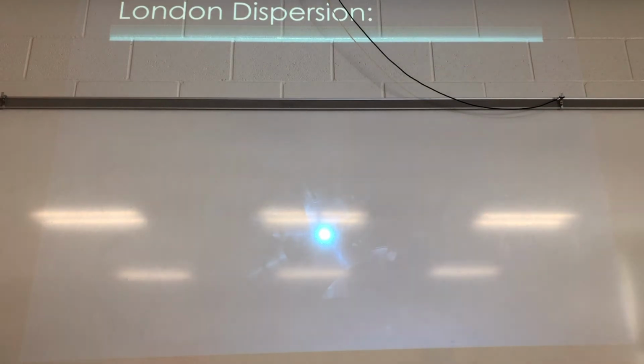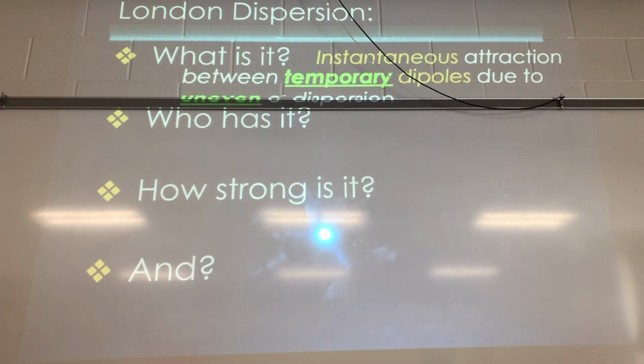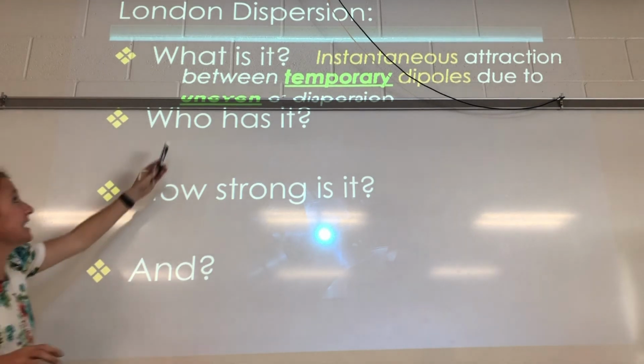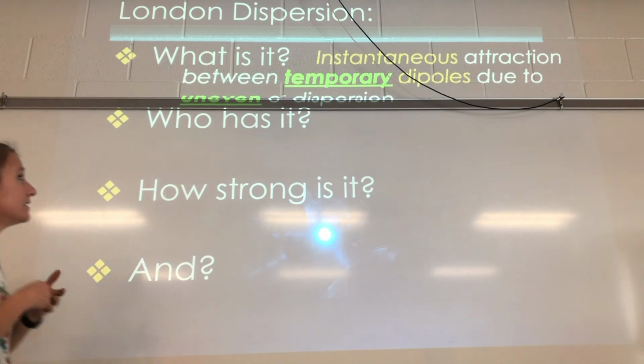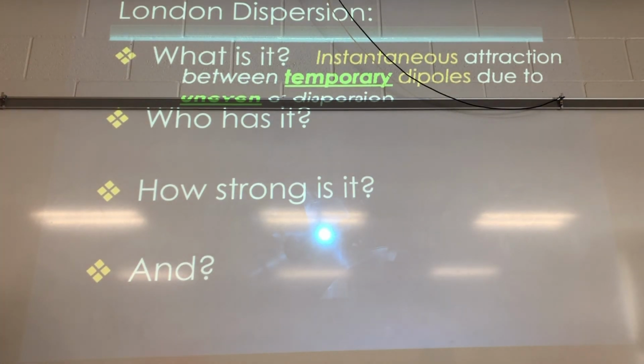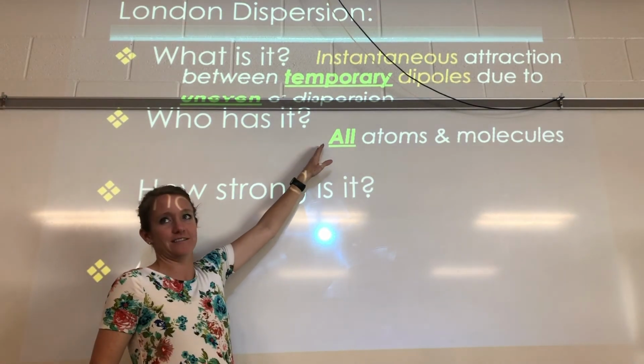Okay? All right, London is our temporary dipole because it's uneven. That's what that word right there says. Okay? Now, what causes this temporary dipole? What's causing it to happen? What's going to the side, Logan? The electrons, right? It's just the electrons moving. So, every single atom and molecule on Earth experiences this force because the only requirement is it needs electrons.